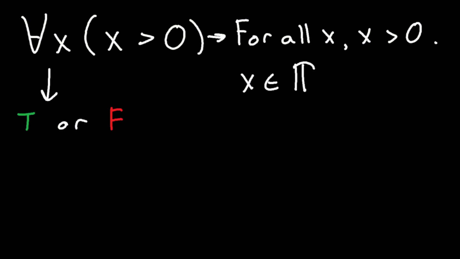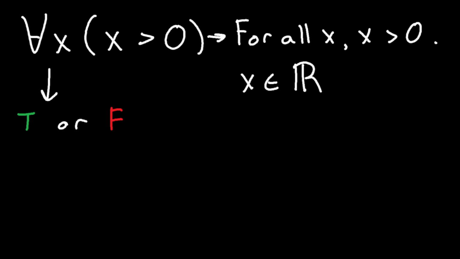Let's use the example all real values for X. All real values for X includes negative numbers, includes pi, includes fractions. But here's the issue with this. This quantifier states that for all X, X is greater than 0. But if the domain of X is all real numbers, that's not the case.